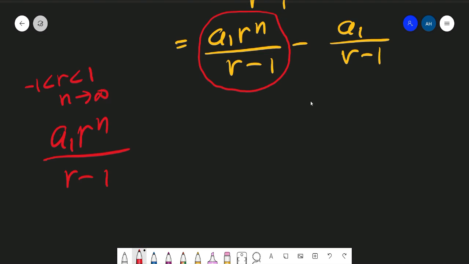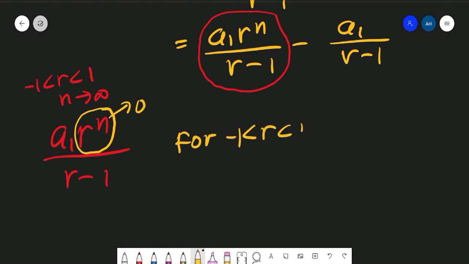We see that when r is between -1 and 1 and n is approaching infinity, this term will go to 0. Let me write it down. For r between -1 and 1, r to the power n will go to 0 as n approaches infinity.